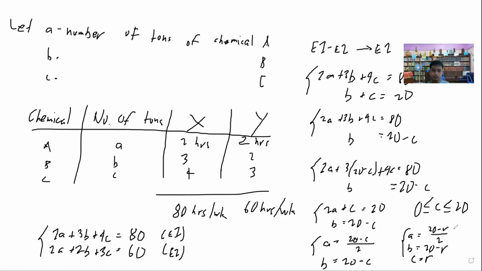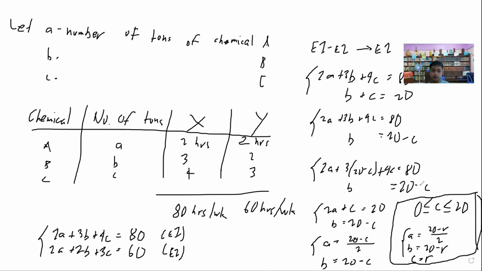Okay, so any solution na nasa-satisfy yung si R ay real number, then masasatisfy yung restriction natin. Yun yung mga solutions natin. So madami tayong possible solutions. Meron tayong infinite number of solutions. Okay. So yun lang yung kailangan natin.